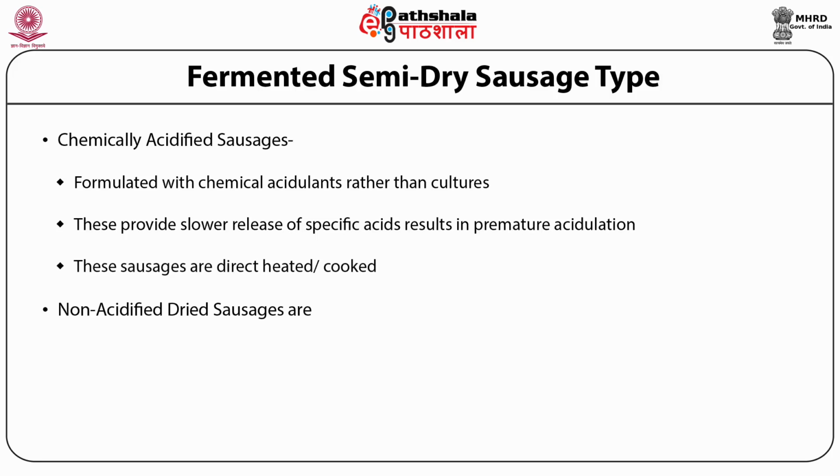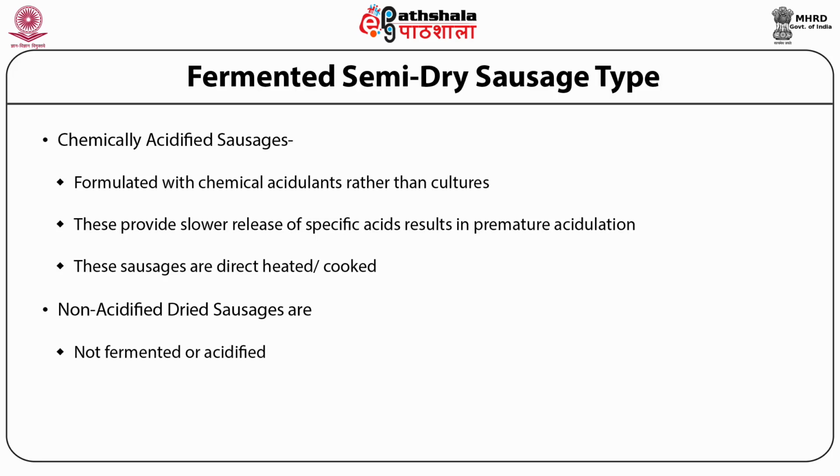These types of acidified product processes are direct heated and cooked following formulation. The entire process takes 6 to 7 hours versus a 12 to 18-hour fermentation process. Some dried sausages are not fermented or acidified.